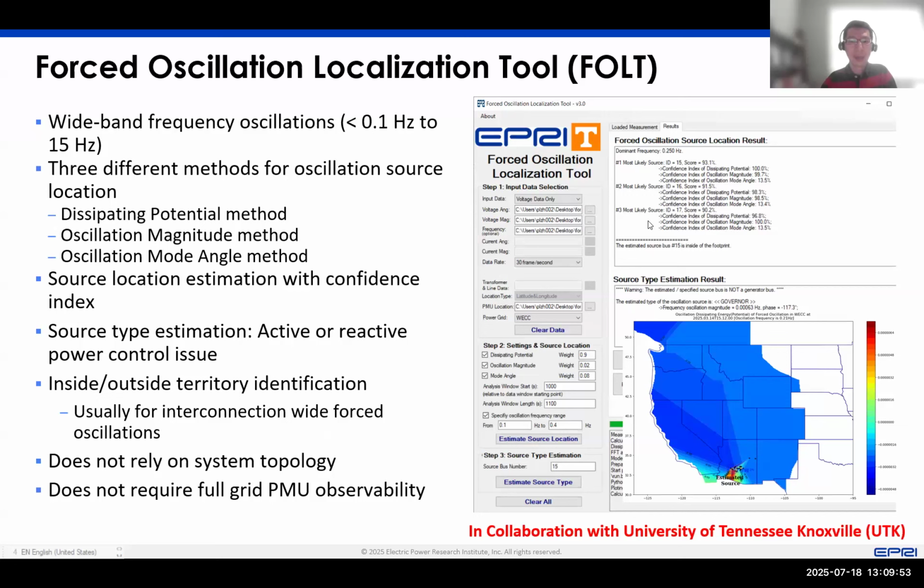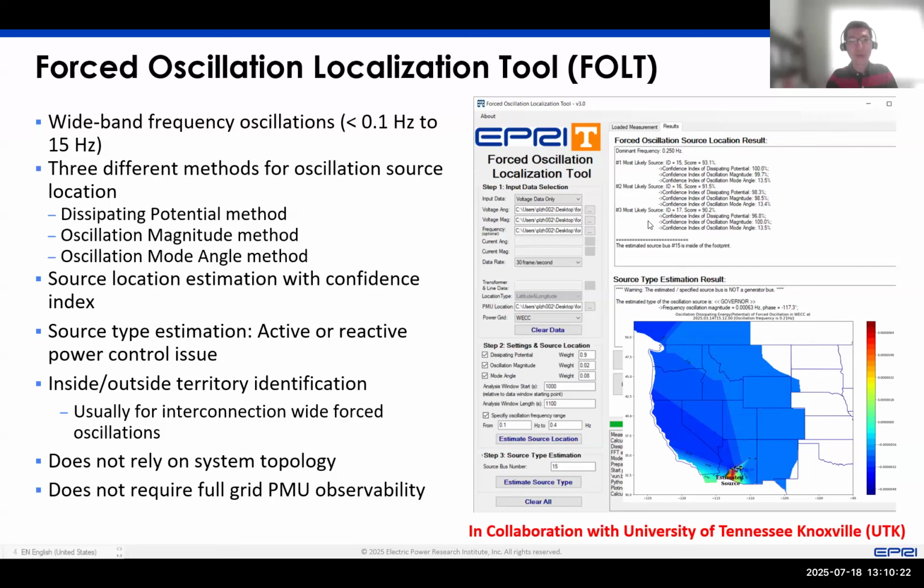To that end, this is a multiple-year effort to develop this tool, which we call the Forced Oscillation Localization Tool. Originally, the tool handled the traditional forced oscillation, say around 0.1 hertz or 0.2 hertz to 2 hertz, a few hertz. Right now we have expanded the frequency range in 2 directions.